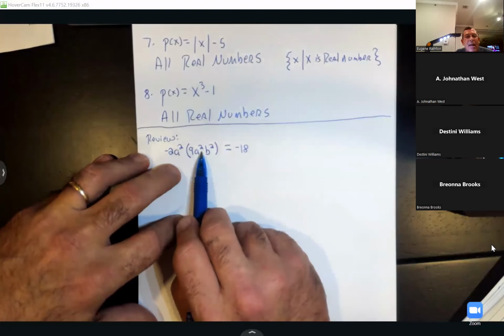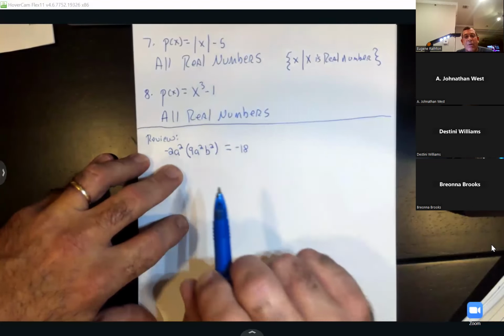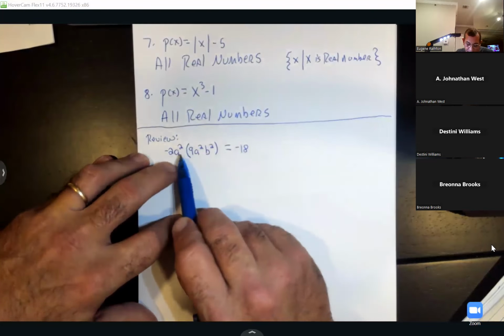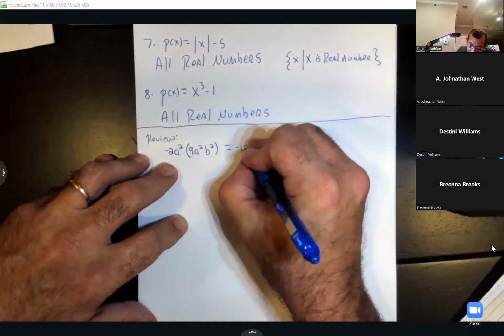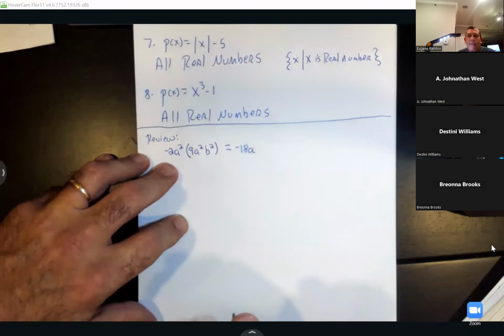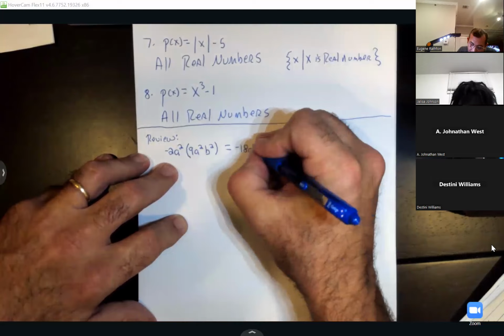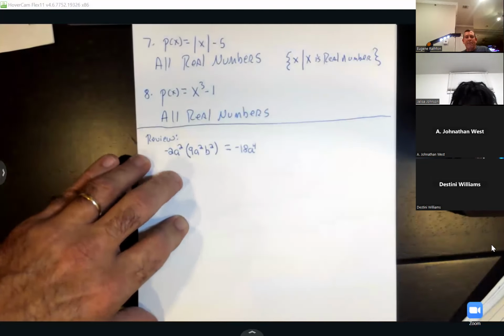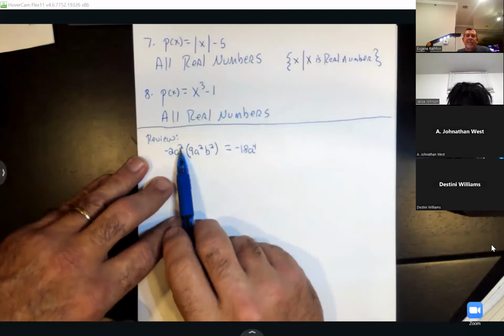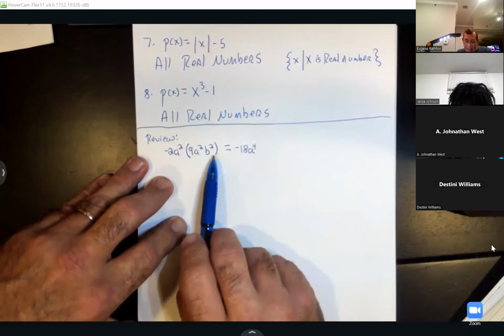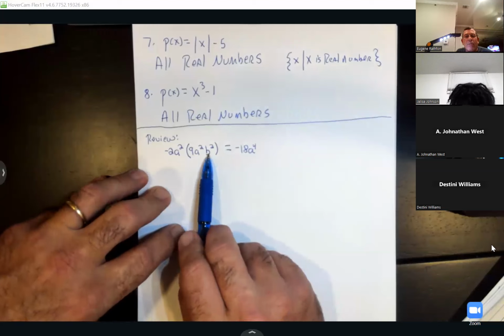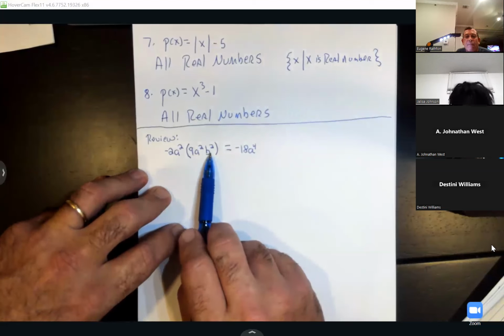A's can multiply by a's and change their exponents. So here's the question: a squared times a squared gives you what? A to the 4th. There you go. Since the a's matched up, add those, 2 plus 2, and you get a 4. Now, all that's left over here is a b squared, right?